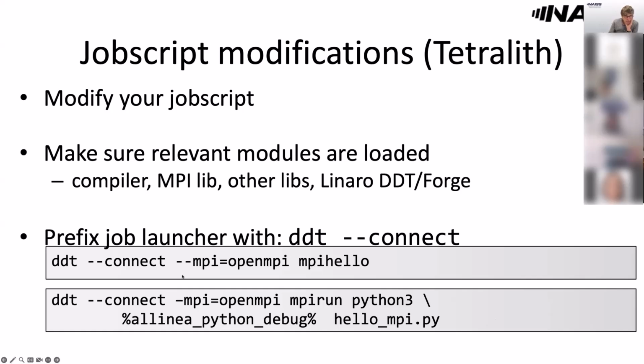As a launcher, I would recommend ddt --connect --mpi=openmpi, and the setup supports that, so you just give the executable directly. It's not required to use mpirun. In my tests, giving mpirun doesn't harm. And if you go into Python 3, if you want to debug Python, I had this one here. This seems to have worked for me.